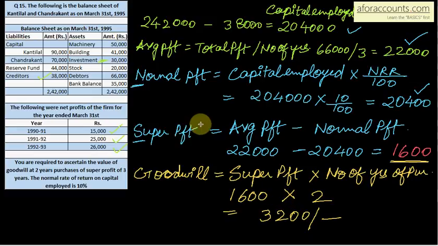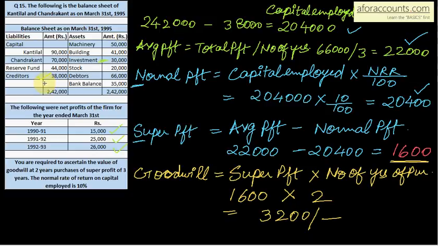Okay. So whenever capital employed is not given in the question and the balance sheet is given, just total all the assets. Assets means you will have to leave out the goodwill, and if trade investments are there, take them, and if non-trade investments are there, leave them. This is the total, and then less the outside liabilities. So creditors is the outside liability here. So first you will find capital employed if it is not given in the question.